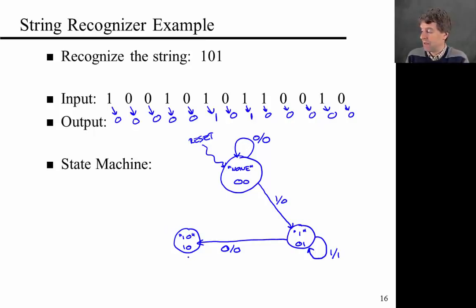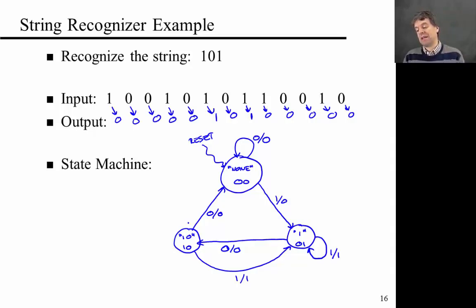If I see a 1, I can go back here. That's what I was looking for, right? 1, 0, followed by a 1. So I'm going back to the 1 state, but I'm outputting a 1. I'm going back here because, of course, that 1 that I've just seen could again be the beginning of a new string, 1, 0, 1. On the other hand, if I was here at 1, 0, and I see a 0, then I have to start over, and I'm going here.